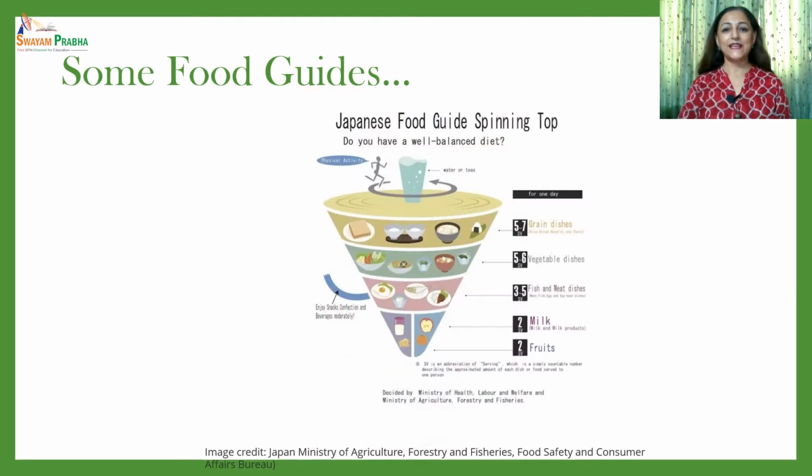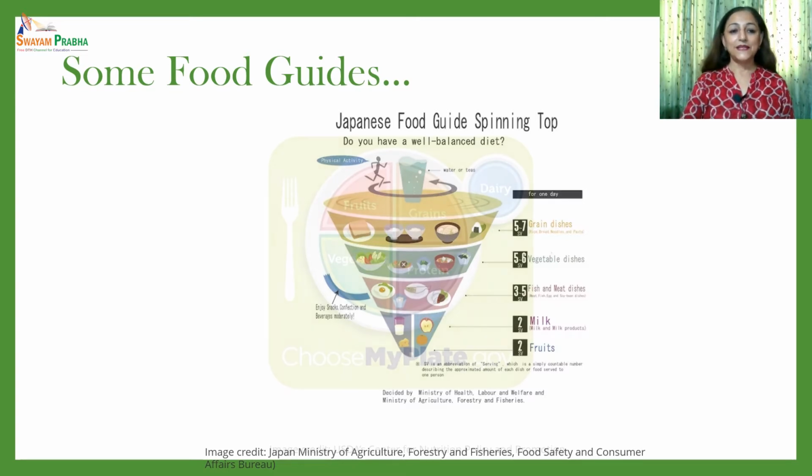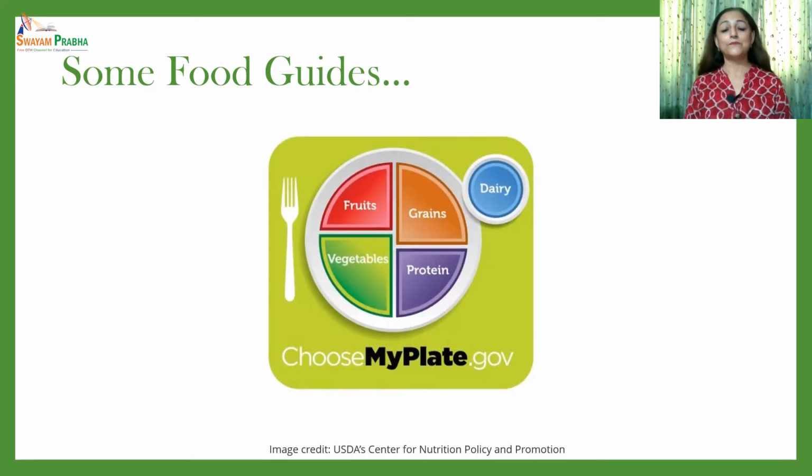And similarly, this is the Japanese food guide, which is a spinning top. This inverts the common pyramid layout, placing the food groups that people should eat more at the top of the design rather than at the bottom. And similarly, the United States replaced the classic food pyramid with a simple plate design in 2011.